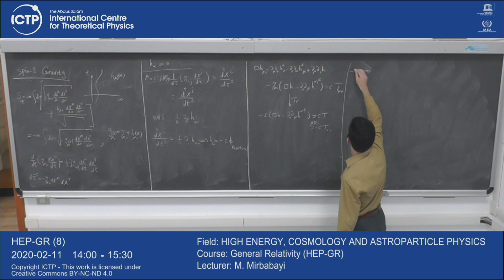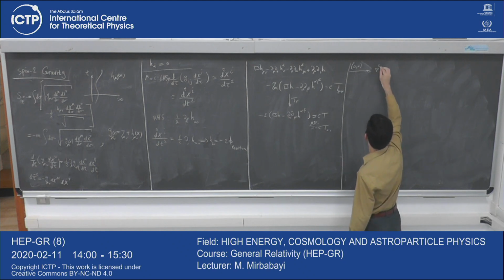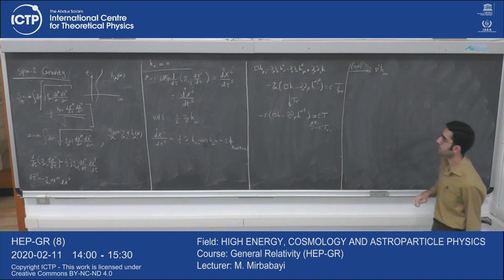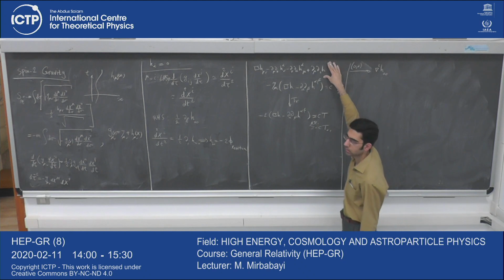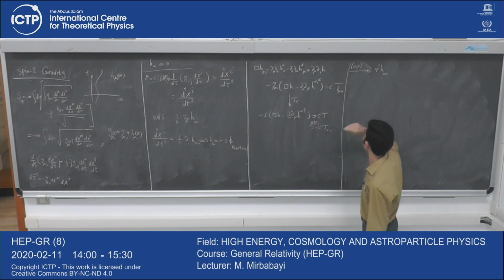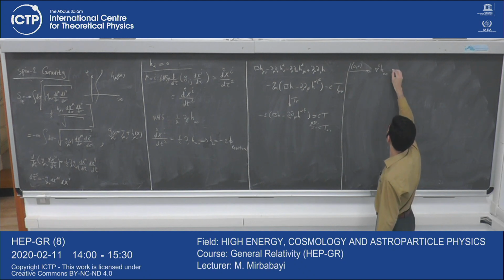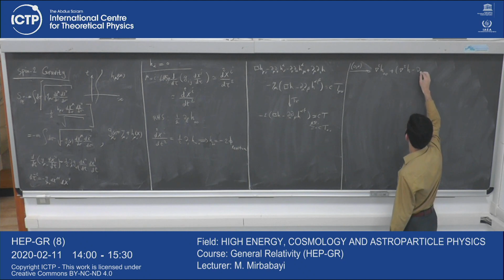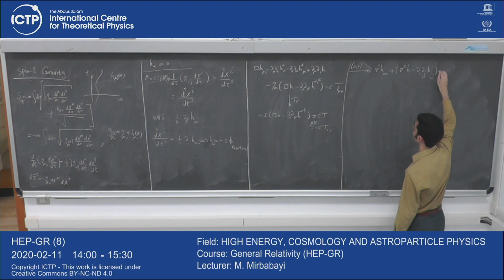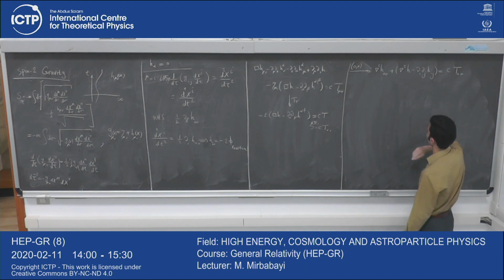So the 0,0 component of this equation will be Laplacian of h_00, everything else on the first line is subleading, and on the second line I'm going to have a 0,0 means the minus η_00, which is plus Laplacian of h, and then here the leading contribution in the non-relativistic limit is ∂_i ∂_j h_ij equals c T_00.